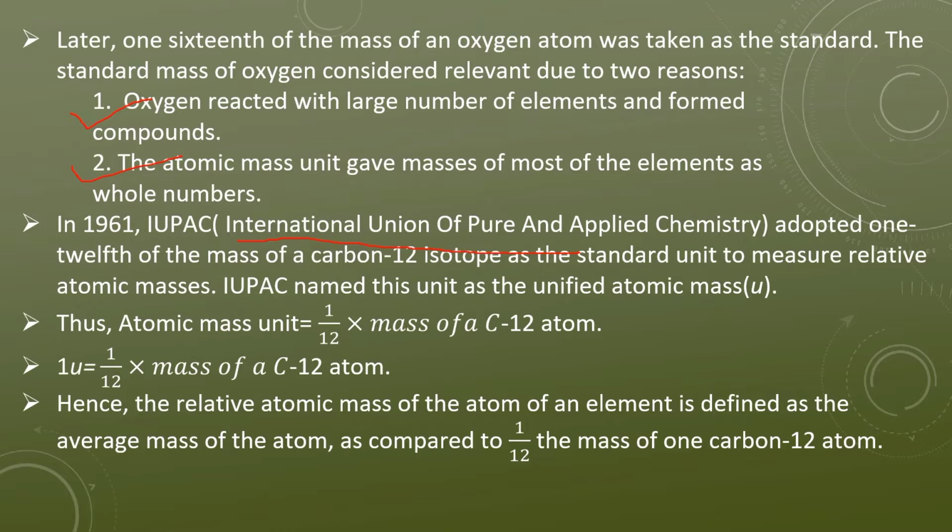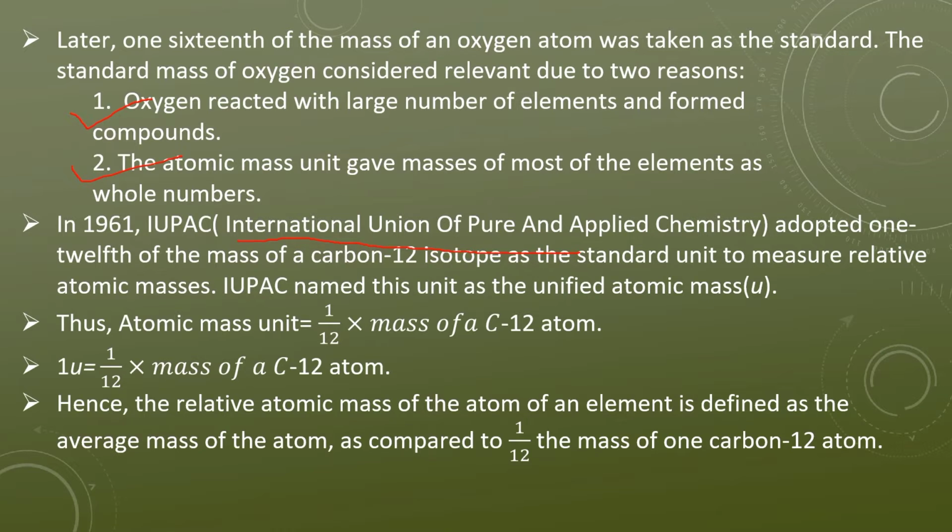They adopted that 1 by 12 of the mass of the carbon 12 isotope should be taken as the standard unit. That means later on the oxygen standard was also ruled out, and IUPAC gave the idea that 1 by 12 of the mass of the carbon 12 isotope should be taken as the standard unit to calculate any relative mass.